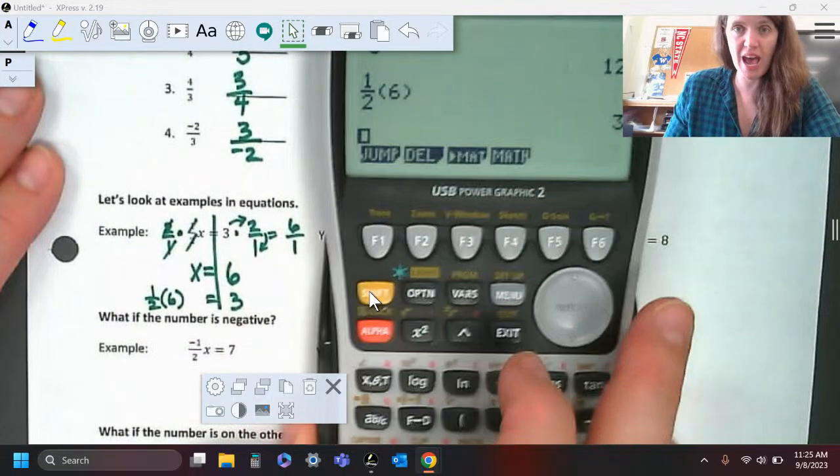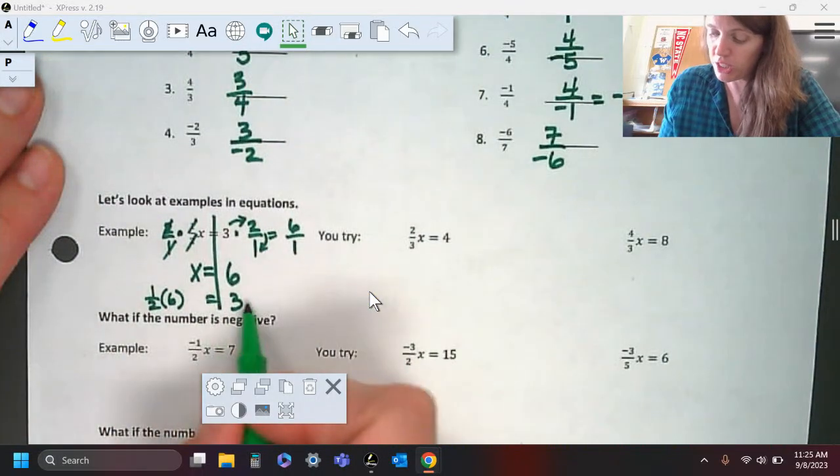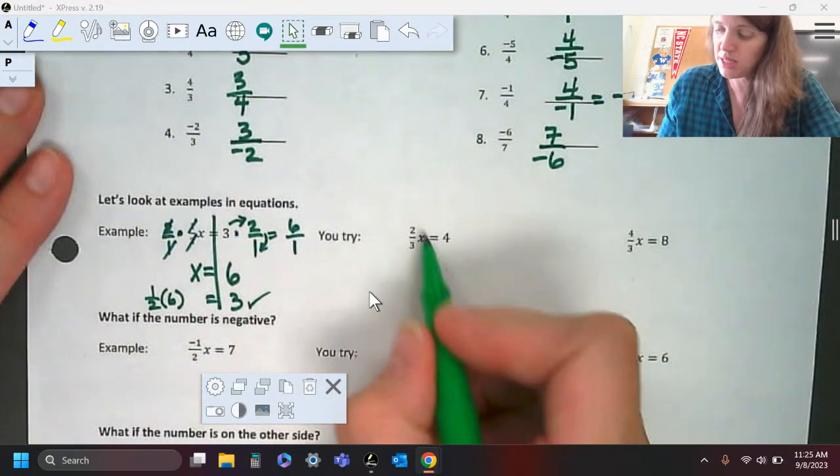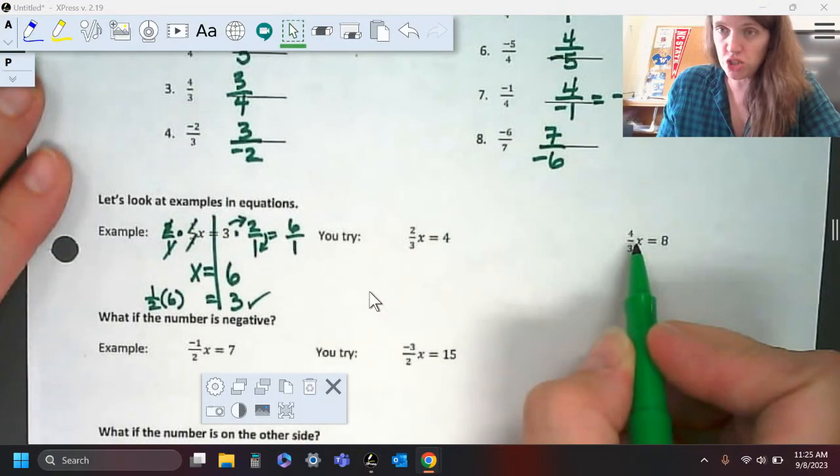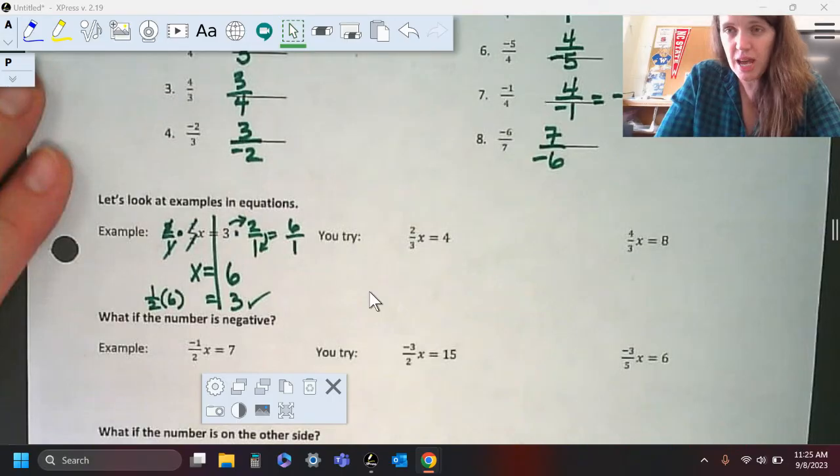So we can check to make sure that my work is correct. 2/3 times x equals 4. I want you guys to try these two. So pause for a second and try those two, and we'll come back in just a minute, and I'll tell you the answers.